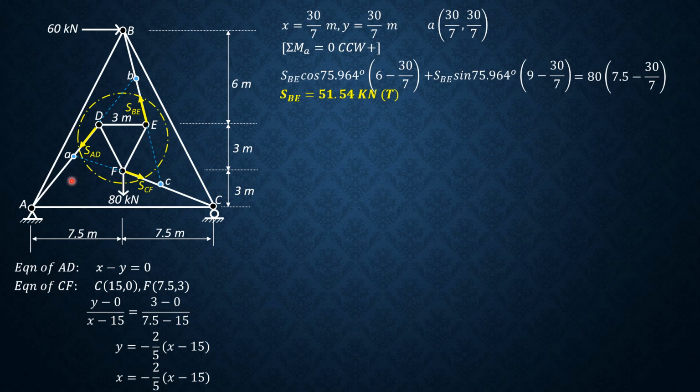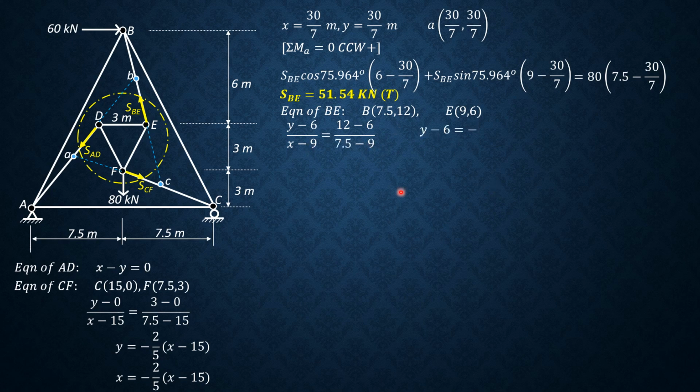Then let's find the location of the intersection between AD, this is the equation, and BE. So equation of BE. Point B is at 7.5 comma 12, while point E is at 9, 7.5 plus 1.5, so 9 comma 6. So by 2-point form again, y minus 6 over x minus 9 equals 12 minus 6 over 7.5 minus 9.